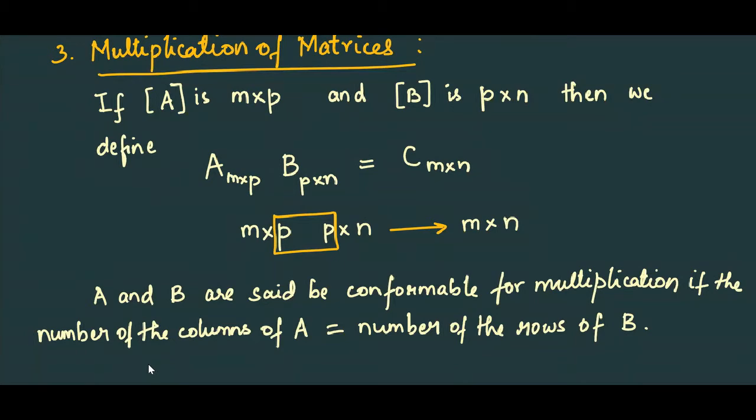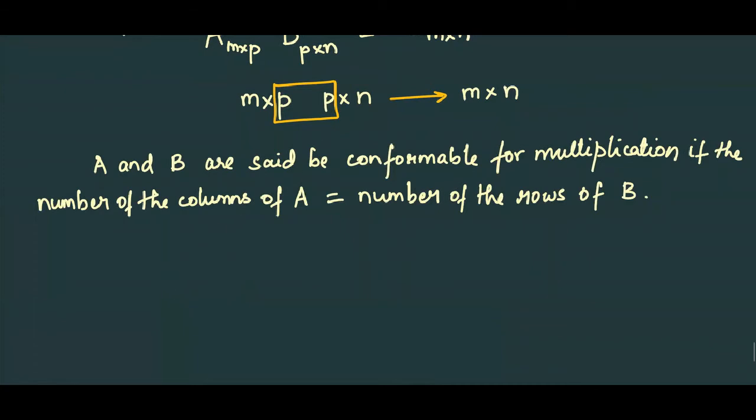So here is the trick actually. This is so simple. We'll take a simple example: 2, 4, 1, 5 multiplied by 3, 0, 2, 1, let us say.